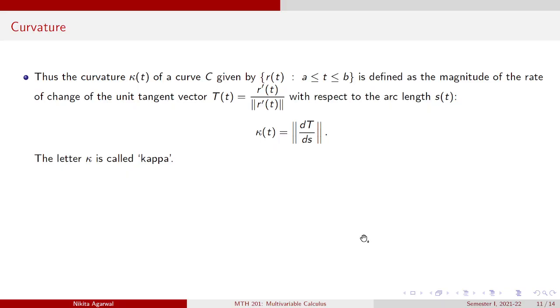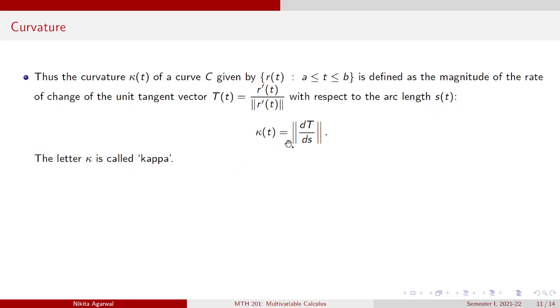The curvature, which is a function of t, uses the symbol kappa. Kappa(t) of a curve is defined as the magnitude of the rate of change of the unit tangent vector with respect to the arc length s(t).